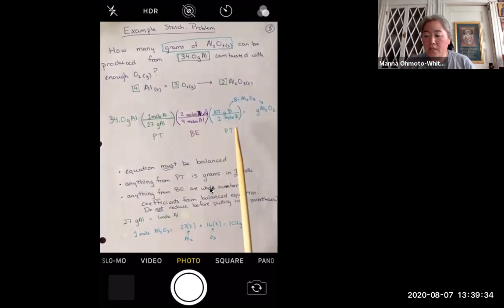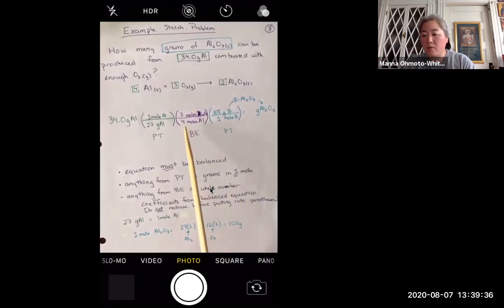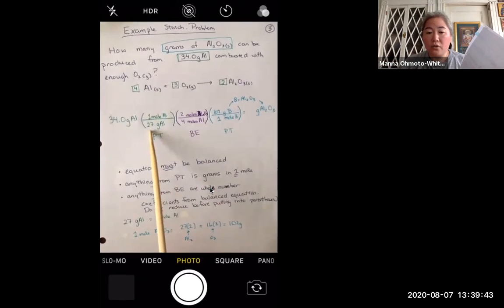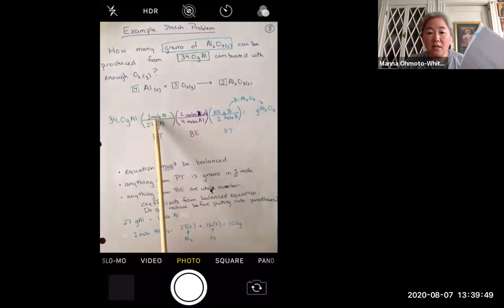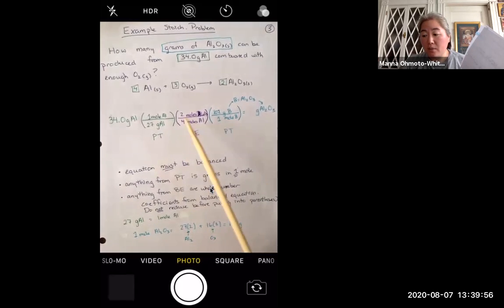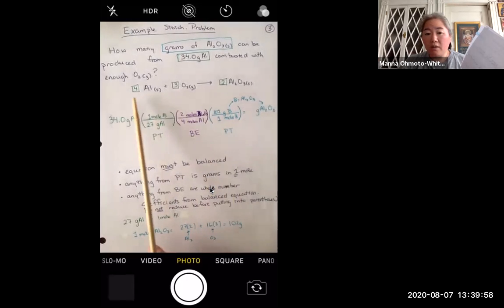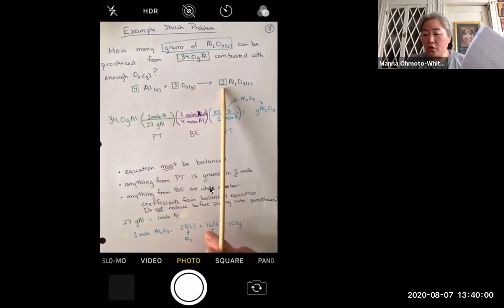First and third parentheses come from the periodic table. The middle parentheses will come from the balanced equation. Now, I went ahead and put in 1 mole of Al over 27 grams and 1 mole of B for 102 grams of B. I put the 1 in, again, so that when I check my work, I can be confident that my conversions are the way that they should be. Similarly, my 2 and my 4 come from my balanced equation, the coefficients.